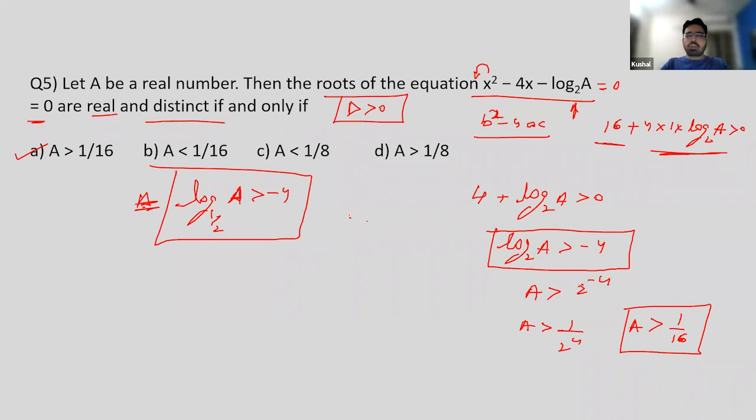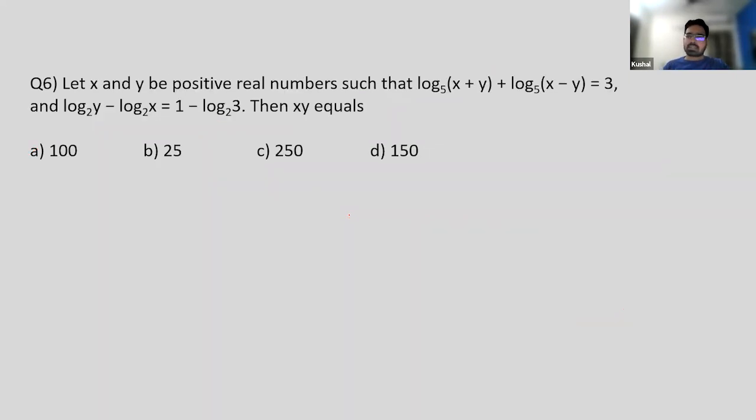As of now, let's move on to the next question, question number 6. Take a minute's time again to solve this.